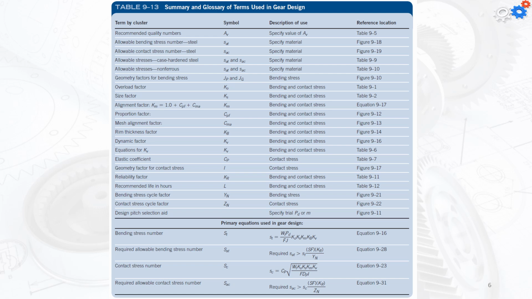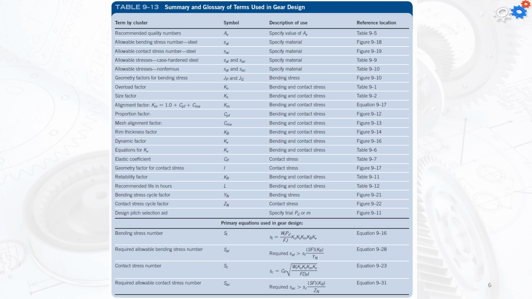The geometry factors for the bending stresses, the JP and the JG, can be found by figure 9.10. Then the overload factor, the size factor, the alignment factor, which is the KM, the proportion factor, the mesh alignment factor, the rim thickness factor, and the dynamic factor.